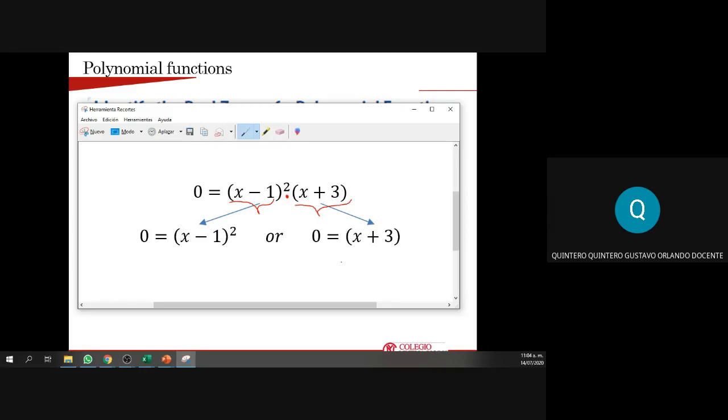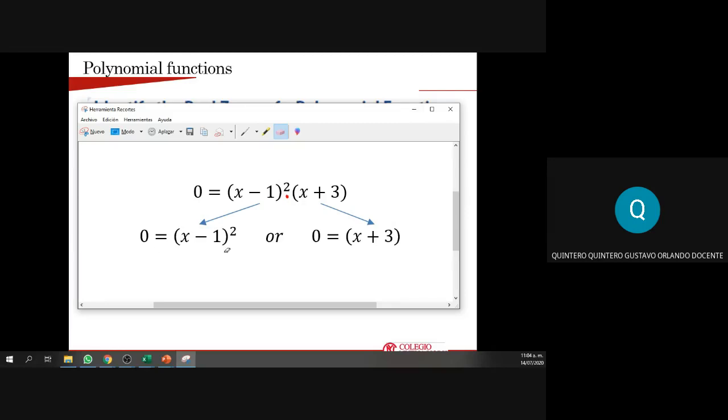So you are going to have the first factor here and the other factor there. Both of these are going to be equal to 0. Equal to 0, equal to 0. This is the first step and the easiest process.